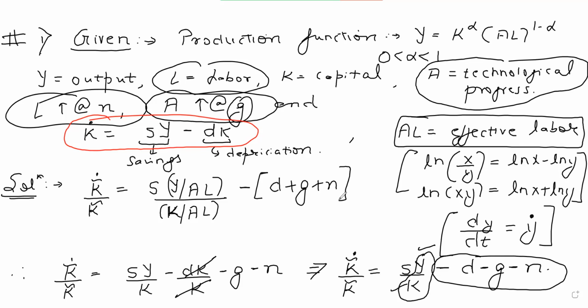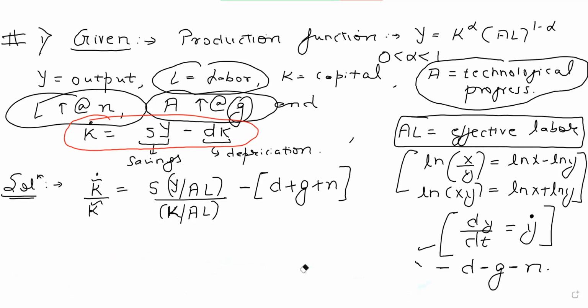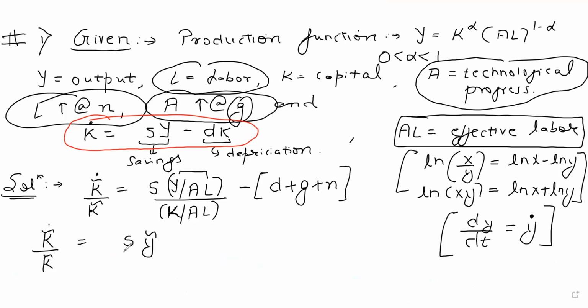Okay. Now, if I erase this particular part, I can finally write K tilde dot by K tilde is how much? s times Y by AL, which is Y tilde, by K by AL, which is K tilde, minus d plus g plus N. So I hope first of all students are clear till here and have no doubts.